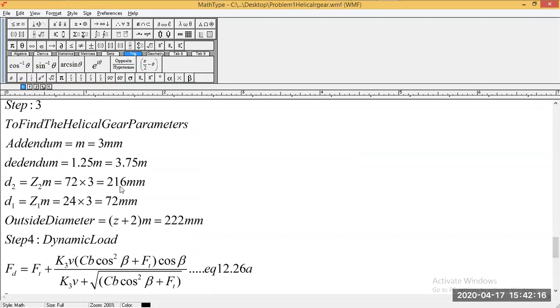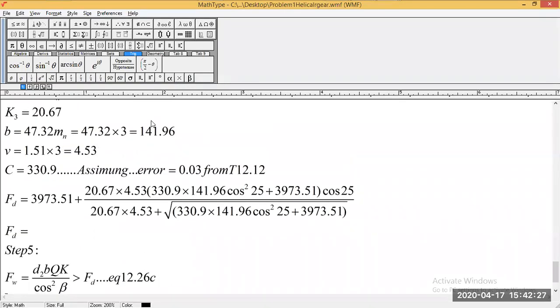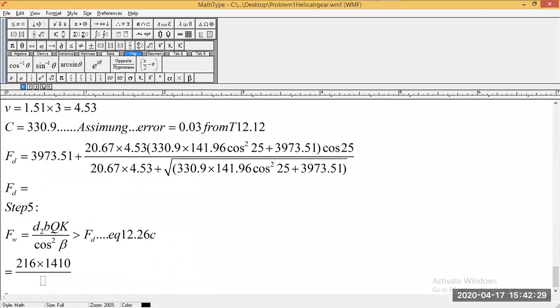Oh no, D2 is 216. 216 into B, I think we found 141.96. Then Q. Oh, we don't have Q yet. Okay, we'll post this later.